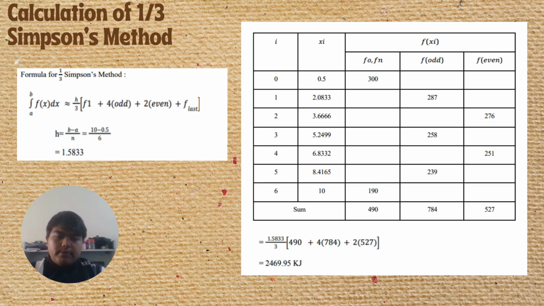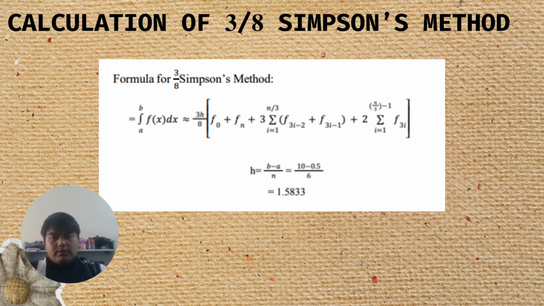So 1.5833 divided by 3 is the sum of 490 plus 4 times 784, and plus 2 times 500, minus 27. This is in the formula. So you get 2469.95 kJ. So this is the formula for the 3/8 Simpson method.